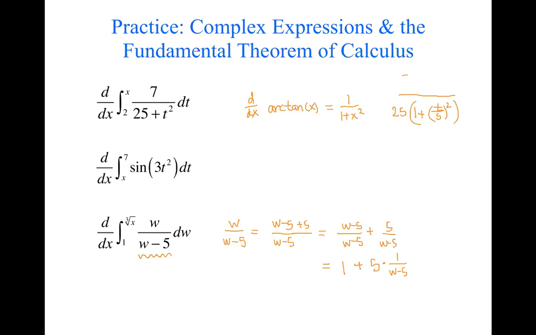And then the numerator of 7, this is just the same as 7 over 25 times 1 over 1 plus something squared, and that's the format that we want. It's just not an x, but it's something squared. So it's just a chain rule away and a coefficient away from being an arctangent. So in any case, those are things coming up next semester. But let me get that out of the way.